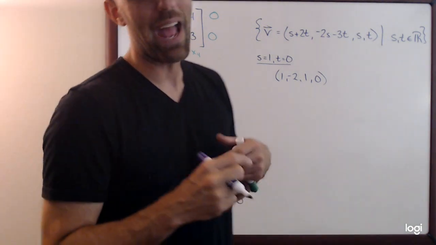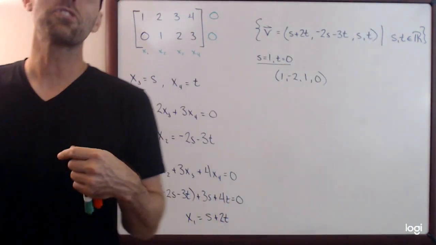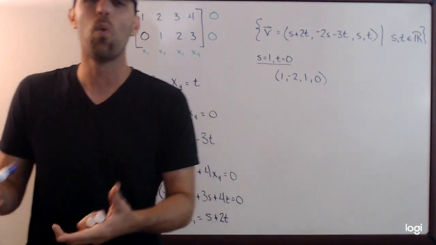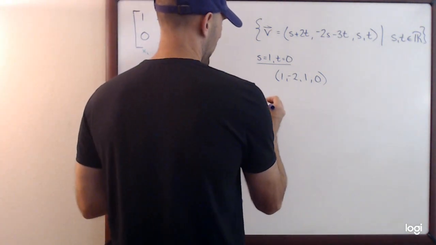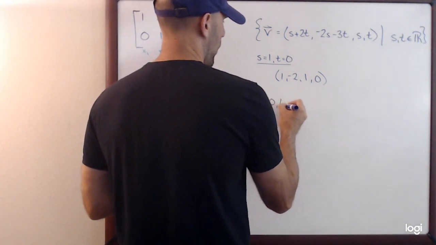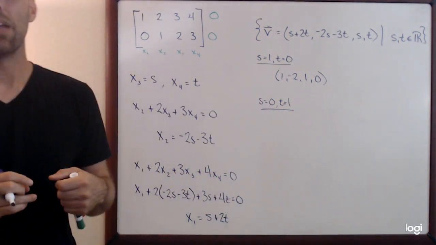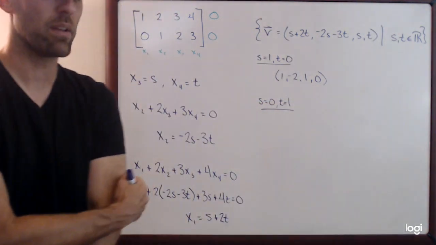Now to make every subsequent vector in my basis, I'm just going to change which parameter gets to be 1, right? So for my next one, I'm going to make t be 1 and everything else be 0. If I had more parameters, I would make the next one 1 and all the rest of them 0 in order to keep going.